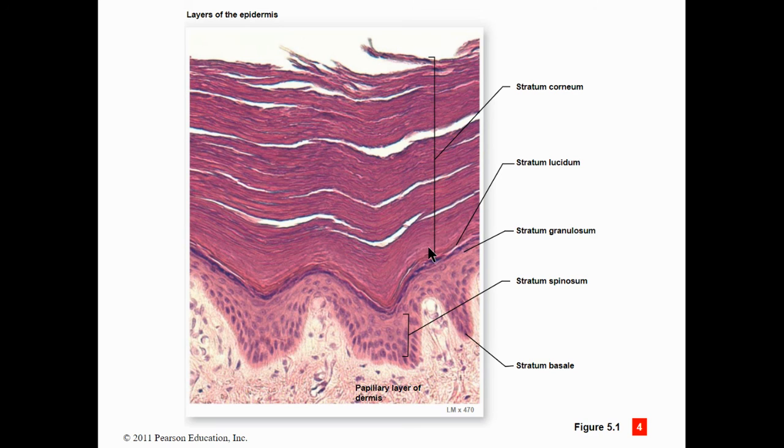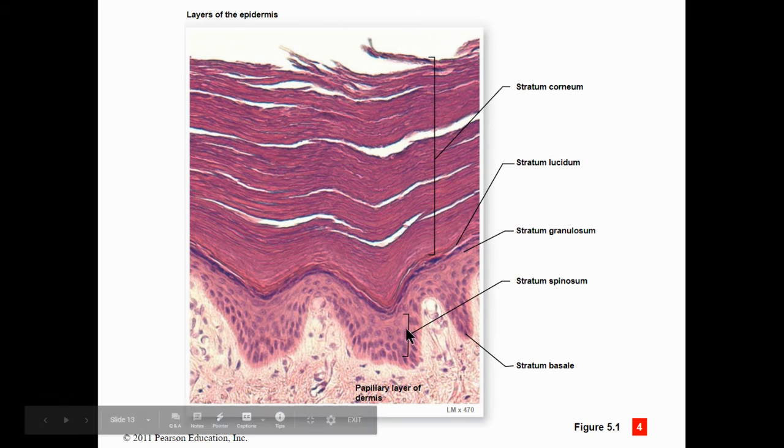So again, this is all the corneum. This is this clear layer, the lucidum. It's thin. Then we have stratum granulosum, stratum spinosum here, and then the very bottom layer of all of this is stratum basal. So this very bottom layer of cells here is the stratum basal.